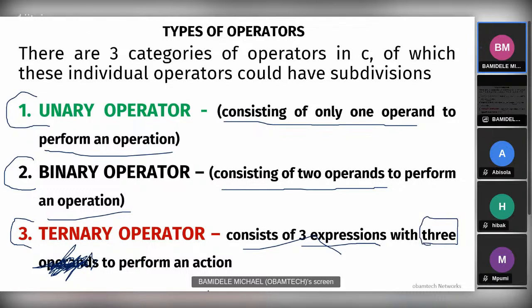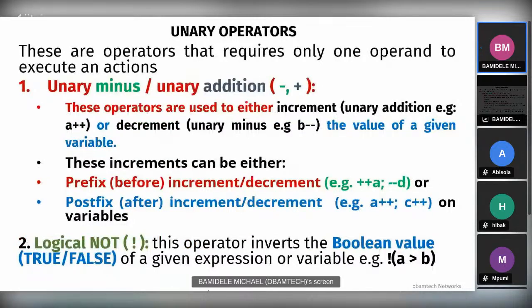So to perform an action, now let's be explicit. Unary operators are operators that require only one operand to execute actions. Part of the types of the unary operator, number one, is the unary minus and the unary addition, that is minus and plus.